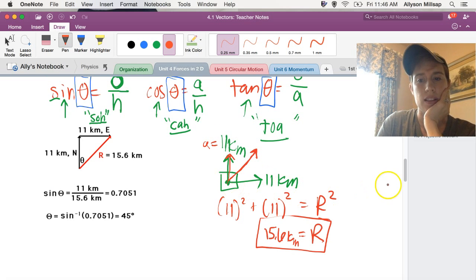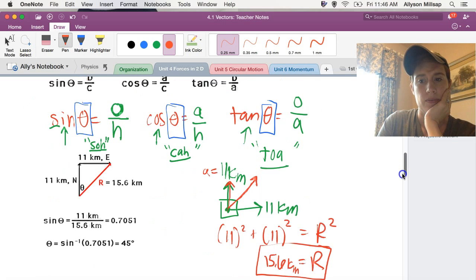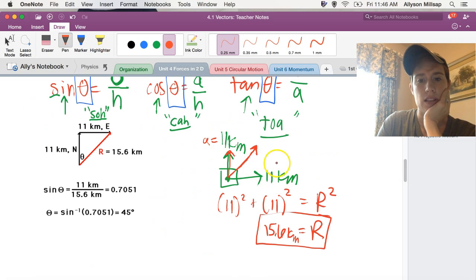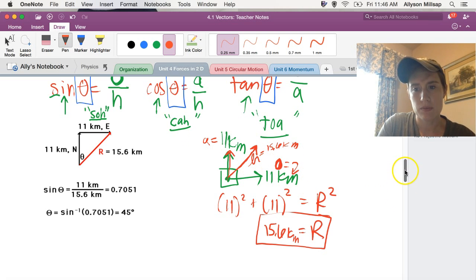This 11 is the left and right one, and the left and right one is called your opposite. This is O, this is your opposite. And then this guy right here is your hypotenuse. It's the longest one, and it's 15.6 kilometers. So we have our A, our H, and our O.